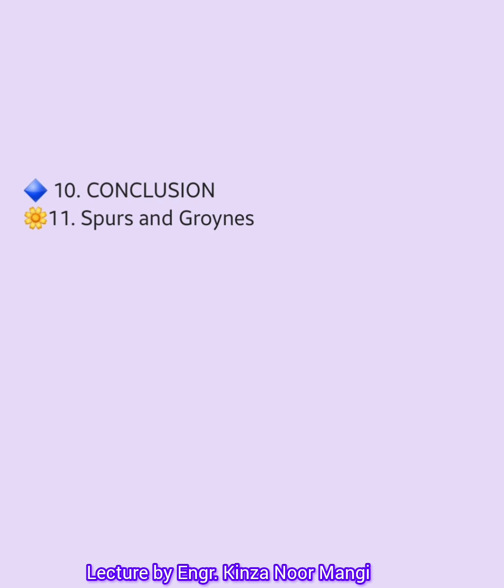So, the possible difference between spurs and groins is this. Spur is a term used in South Asia like Pakistan and India, commonly used in river training, usually smaller and built to control river flow and erosion.